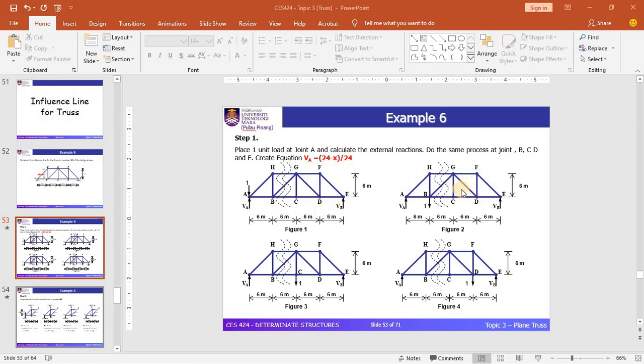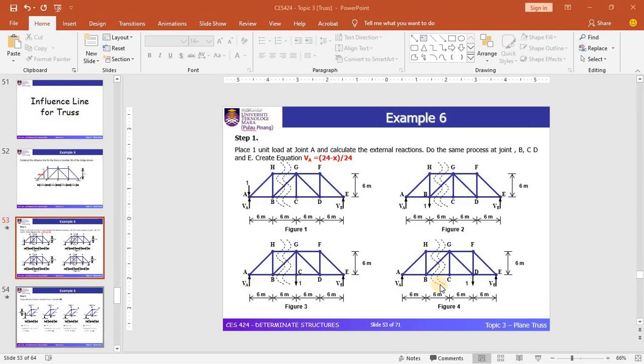In the second diagram, the 1 unit load has been placed at joint B, and you will get another set of reactions at the supports based on this load condition. In the third diagram, the 1 unit load has been moved to joint C, and you need to get another set of support reactions.